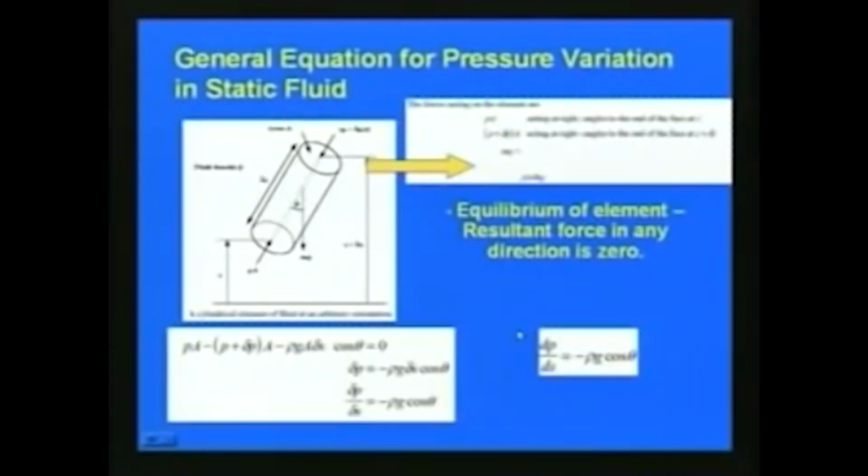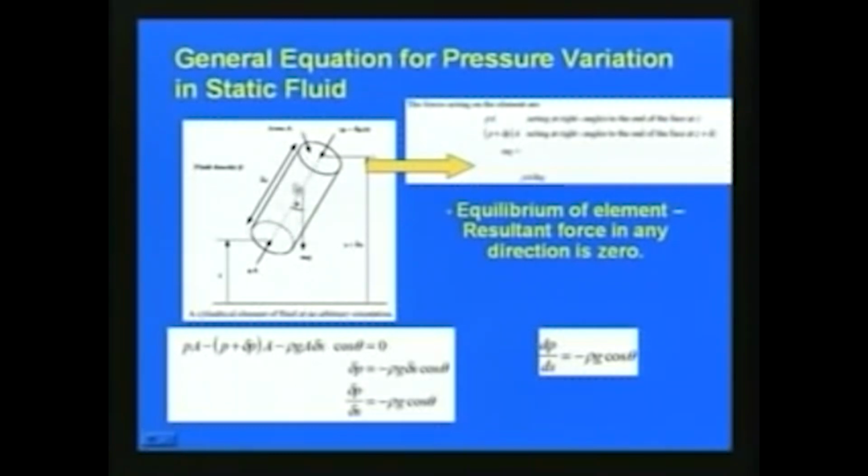Now we will discuss the general equation for pressure variation in a static fluid. For this purpose, as shown in this slide, we consider a cylindrical element of fluid at an arbitrary orientation.